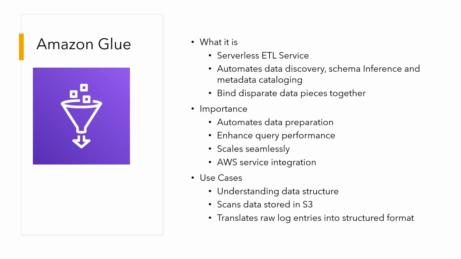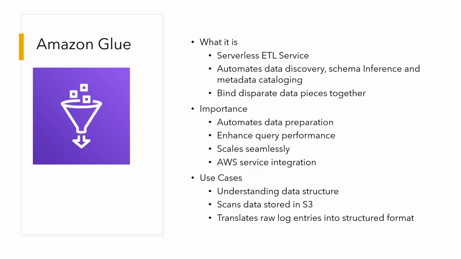And it also integrates deeply with other AWS services, such as S3 and Athena, forming a cohesive pipeline that transforms raw network activity logs into actionable business intelligence, security insights, and operational metrics.